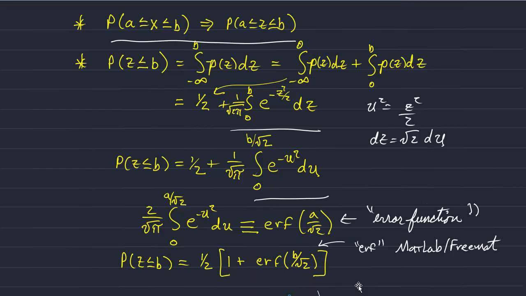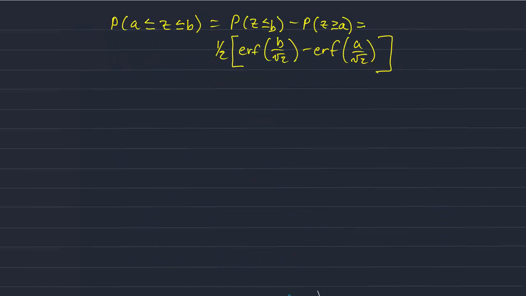So what we've learned is that for a normal distribution, the probability of x falling within one standard deviation, let me sketch this out.